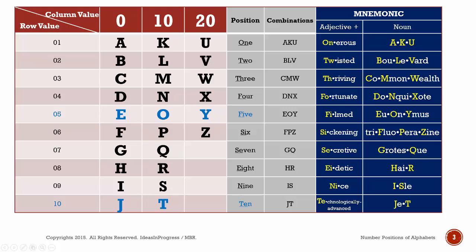So let's just quickly go through the set of mnemonic for each of the 10 combinations. For AKU, we have ONerous AKU, Twisted Boulevard, Thriving CoMmonWealth, Fortunate Dawn quiXote, Filmed EOunYmus, Sickening FluoPeraZine, Secretive Grotesque, Eidetic Hair, Nice Isle, Technologically Advanced Jet.